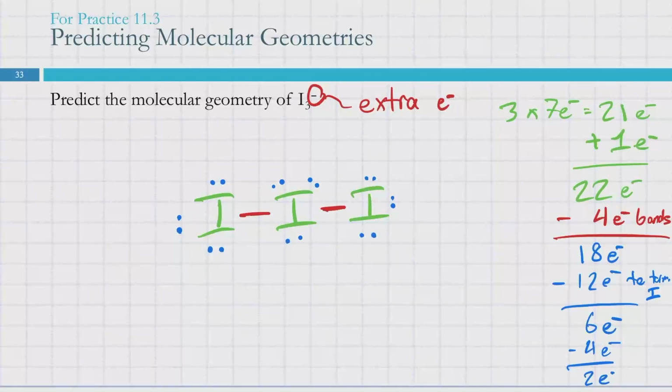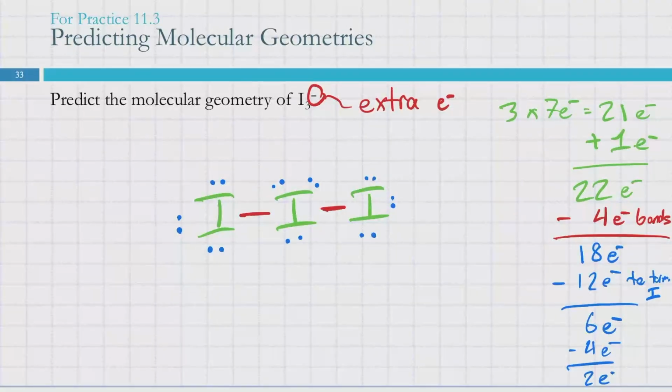So because iodine is big, it's in row 5, it has access to d orbitals where it doesn't have electrons yet. And so it can use its extra d orbitals to go into an expanded octet. So we've got an expanded octet compound. This only works because iodine is big.